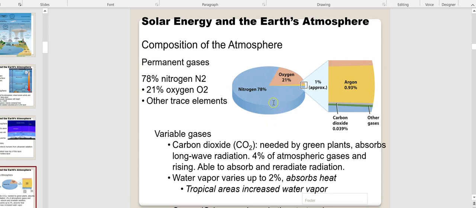You will also notice that along with the 21% oxygen and 78% nitrogen, we also do have this 1%. We've got argon, other gases, and then we've got this small part for carbon dioxide. Now, carbon dioxide, which we talk a lot about carbon, right? And as humans, we breathe in oxygen and we breathe out CO2.